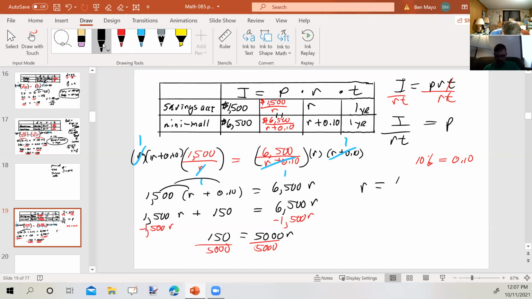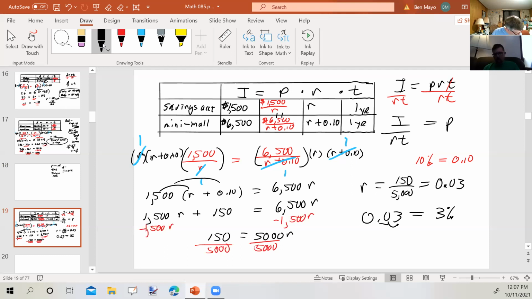So R equals 150 divided by 5,000. And let's go to the calculator and see what we get. 150 divided by 5,000, I get 0.03. But that's as a decimal. What would that be as a percent? It would be 3%.